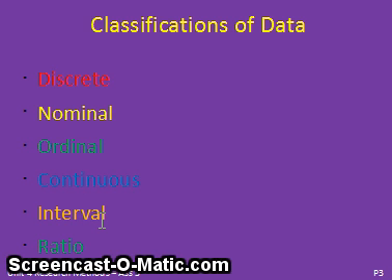Interval is where the data is on a set scale and there's no real zero to it. An example of this would be weight loss or things along those lines, because you can lose and gain weight. Whereas ratio has an absolute zero. So this would be numerical data such as height and distance jumped and information like that.